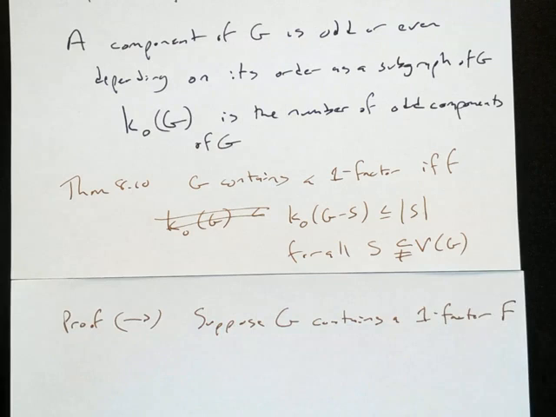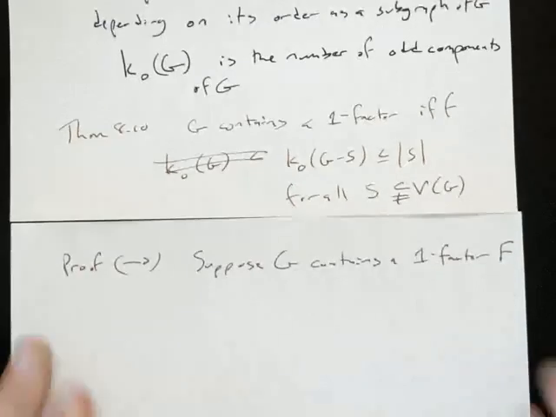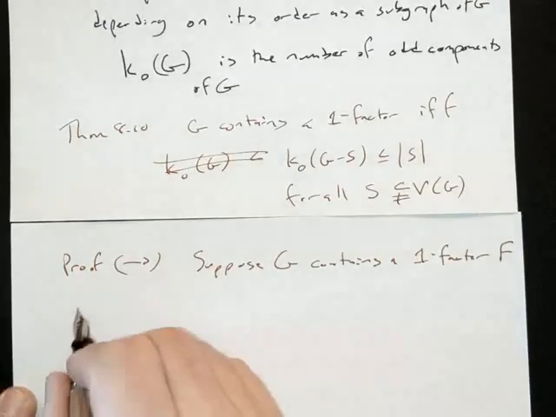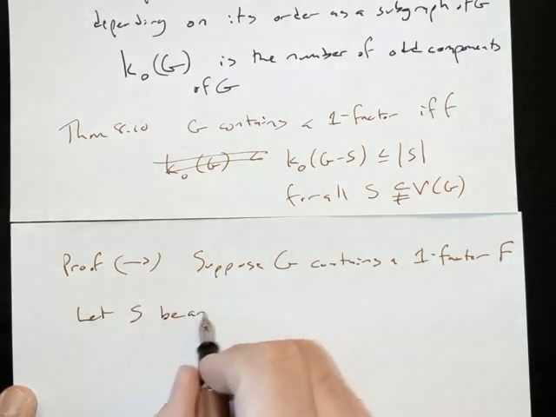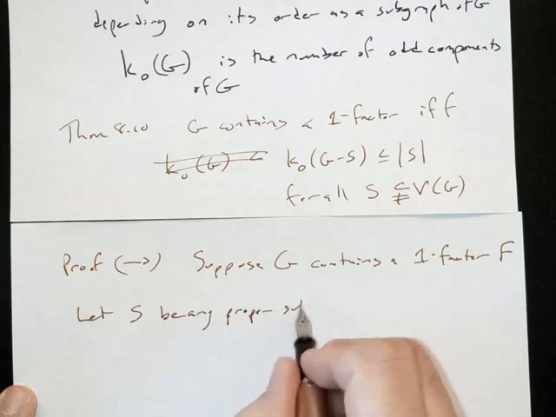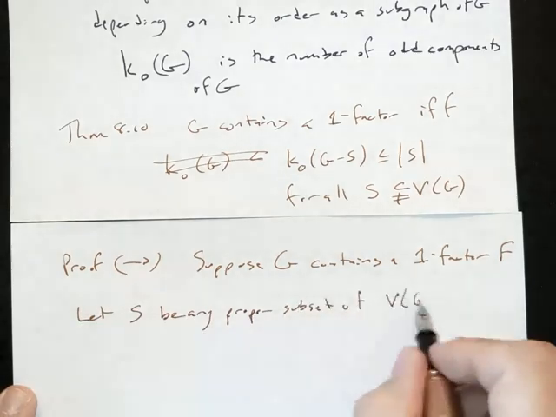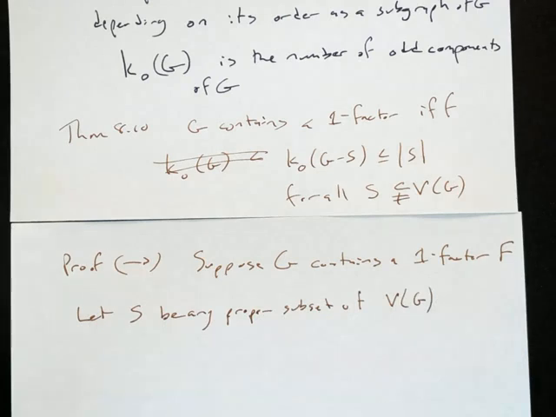Let's call this one factor F. By definition, F is a fixed number of copies of P1, two vertices with one edge between them, that spans the vertices of G. So take some vertices, and let's take them away.